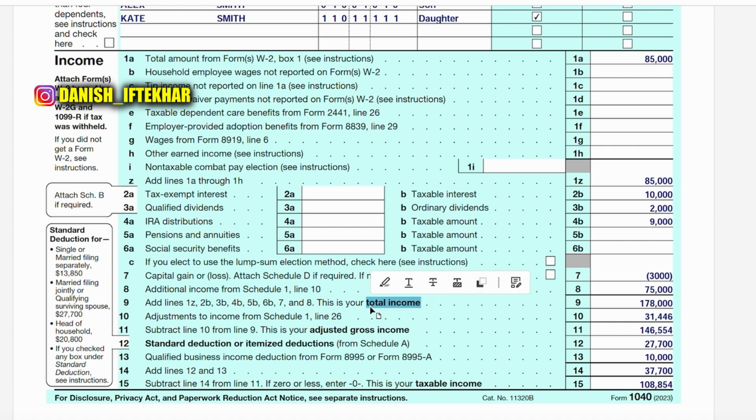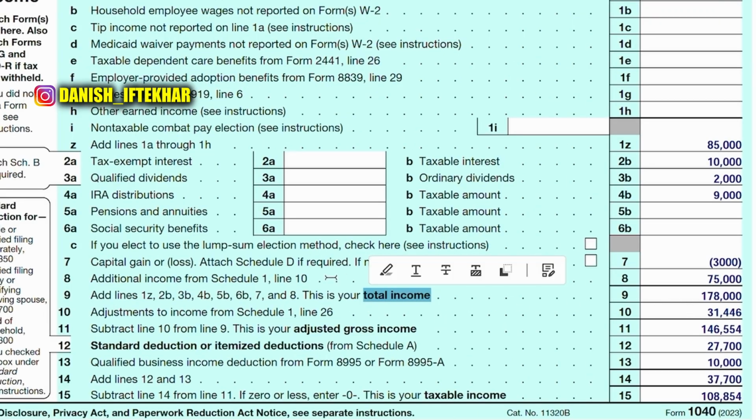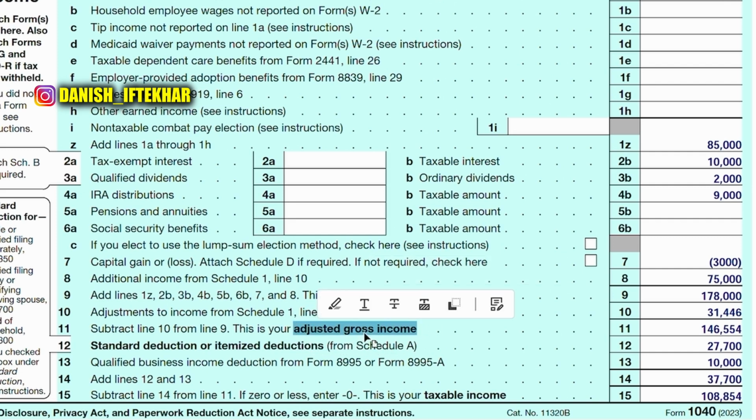So will you be taxed on 178,000? Is this your taxable income? The answer is no. You need to differentiate between a few things. This is your total income, but we will arrive at adjusted gross income as well, which is different from your total income. And then from your adjusted gross income, there is going to be some deduction, and then you will arrive at your taxable income.